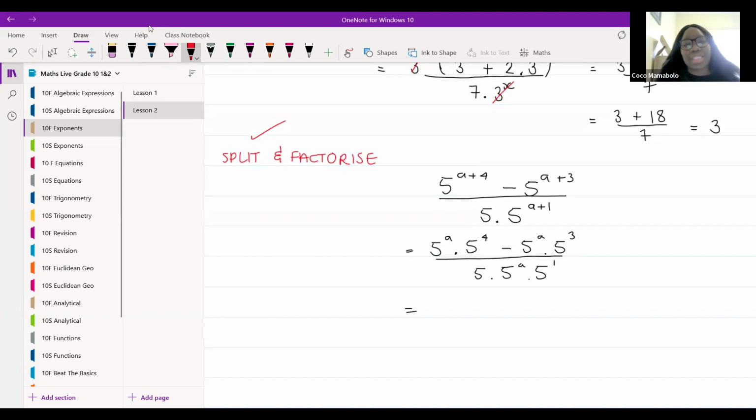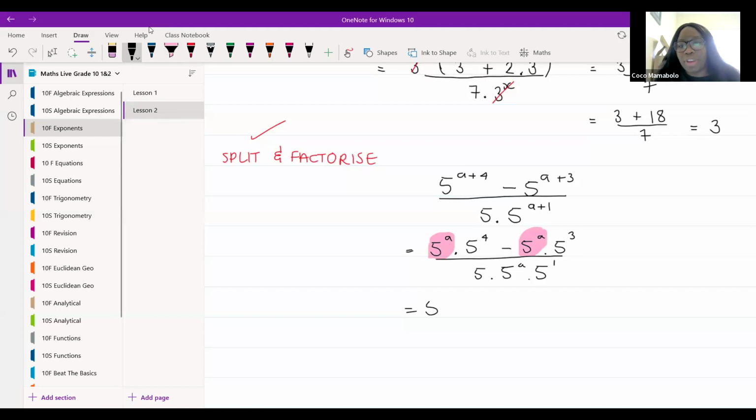What kind of factorization am I going to use, guys? Who's got the answer for me? On the top, what kind of factorization are we using? Is it not HCF? It is. It's absolutely HCF. I'm going to take 5 to the power a out. They have 5 to the power of a in common. Good.